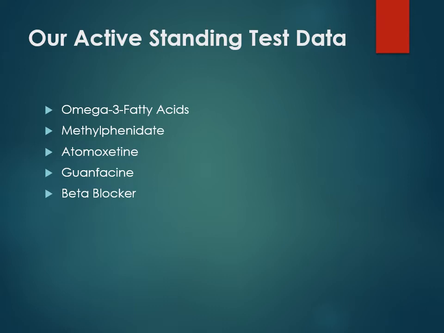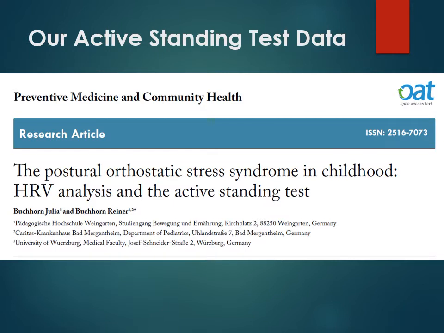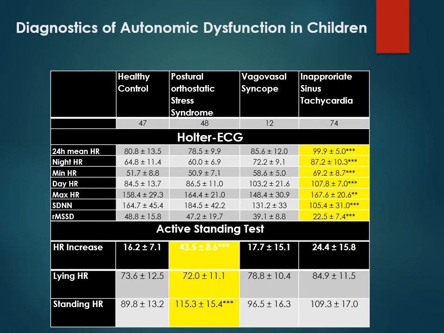We have published our data with more than 500 children in this publication with my daughter Julia. Our data clearly indicate the methods that may be used for diagnostic of autonomic dysfunction in children.